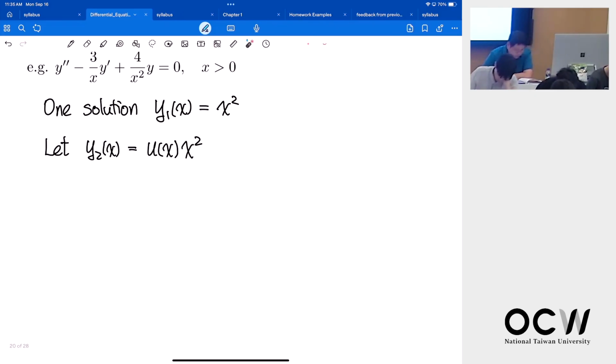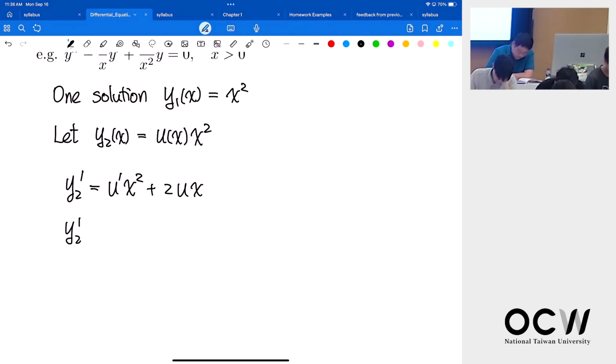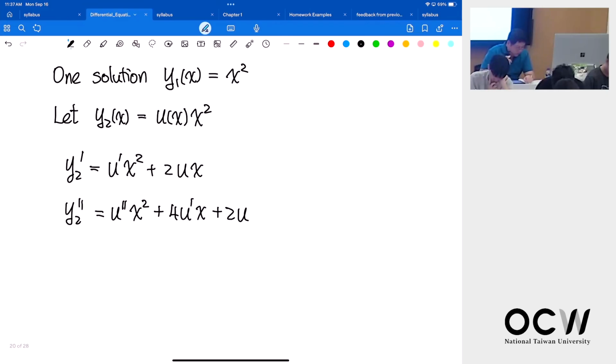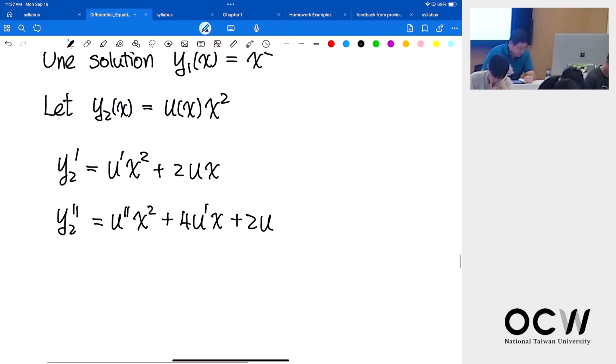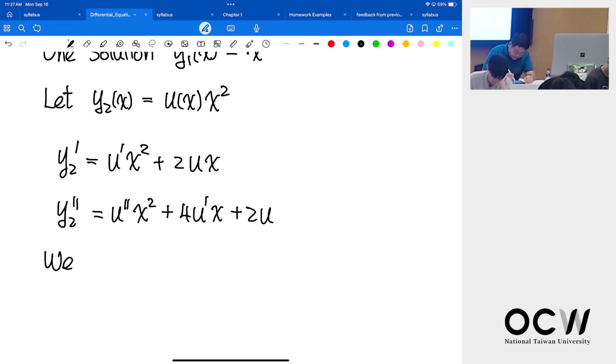So hopefully you know y2 prime should be u prime x squared plus 2ux. And y2 double prime equals u double prime x squared plus 4u prime x plus 2u. And hopefully you bring this y2 back to the original differential equation and you get the correct form.